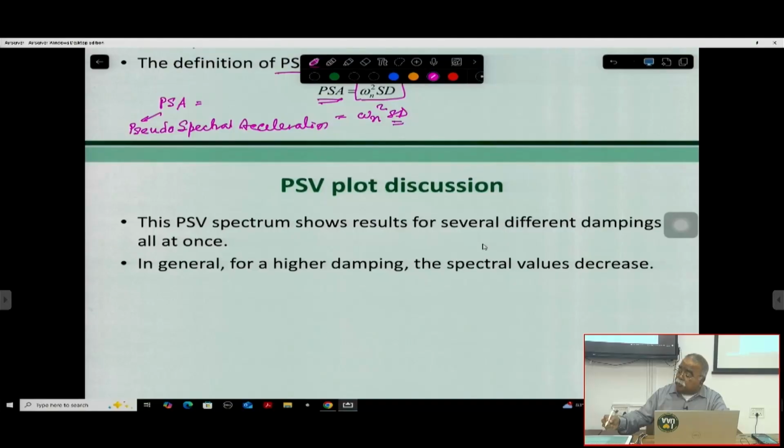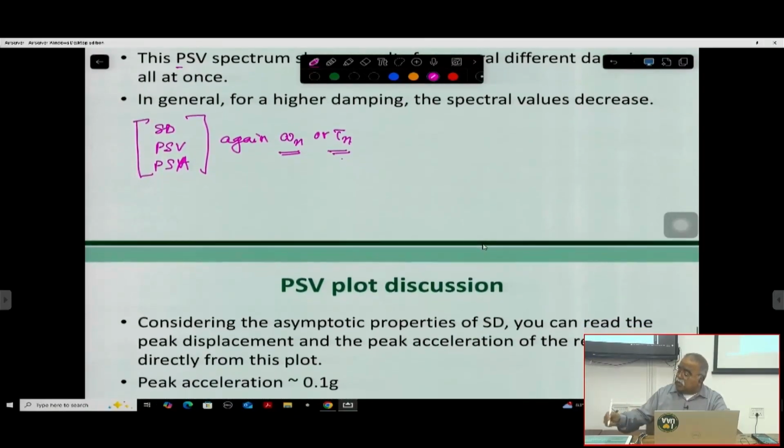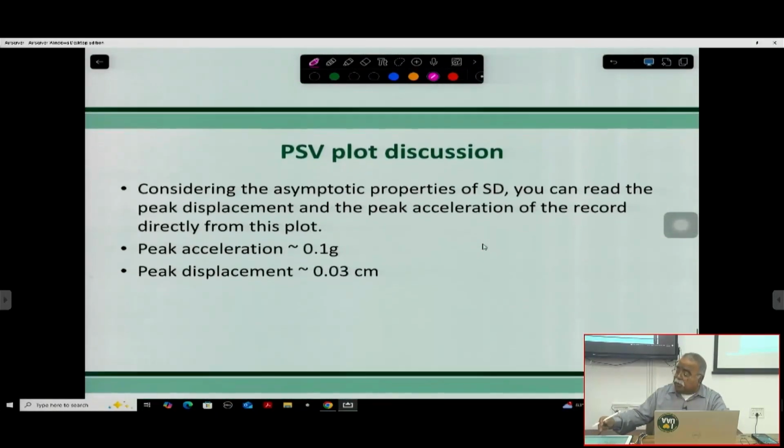So we have three spectra, SD, PSV, and PSA, and we can plot them against omega n or Tn, right? The seismologist prefers omega n, the structural engineer prefers Tn values. So this is your PSV plot.